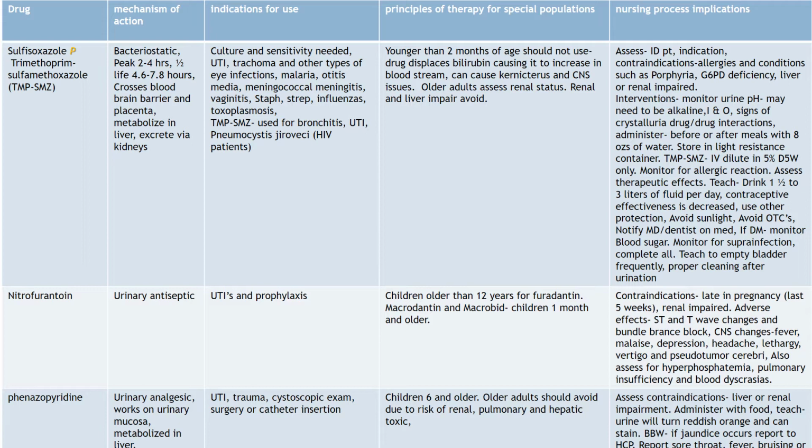Indication for use, it's always recommended that a culture and sensitivity is done so that we make sure we have the right drug for the right bug. Another indication is the trachoma, which is a bacterial infection of the eye.